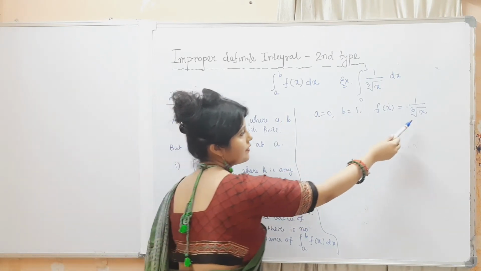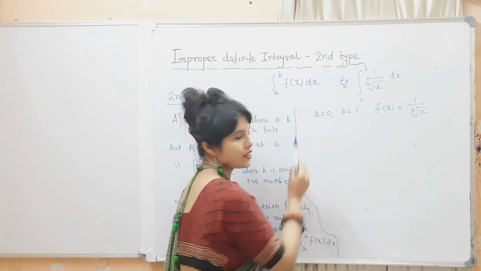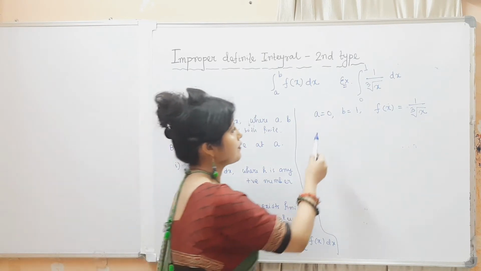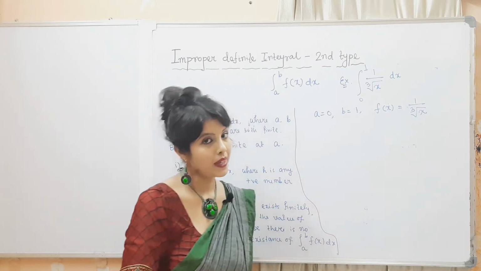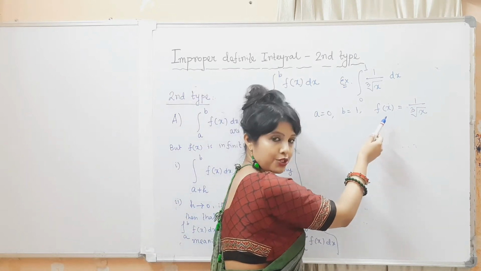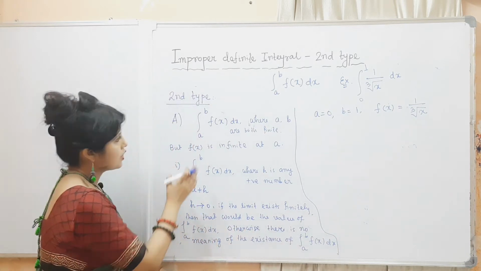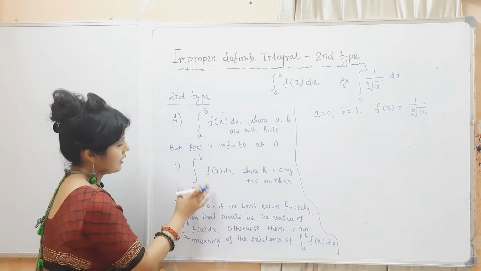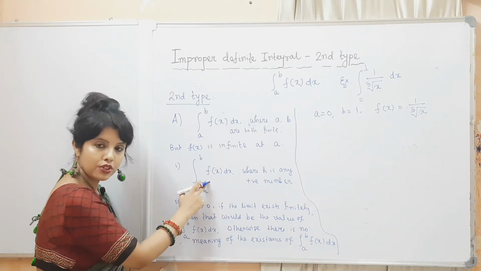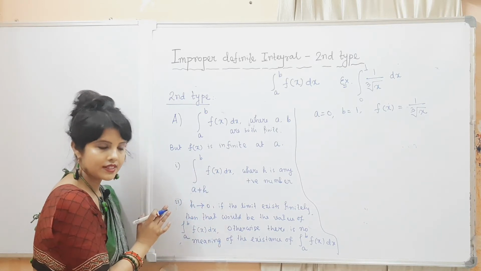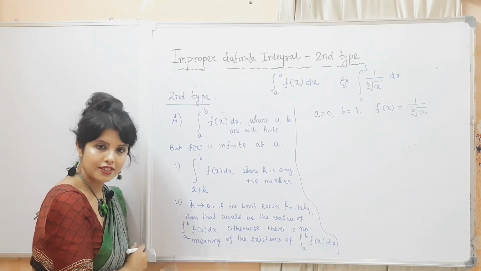Now look, the function f of x is infinite at a equal to 0, because if you put 0 in the place of x, it should be infinite. So you have to solve this integration like this: first you have to compute the integration from a plus h to b of f of x dx, and then you have to take the limit h tends to 0.